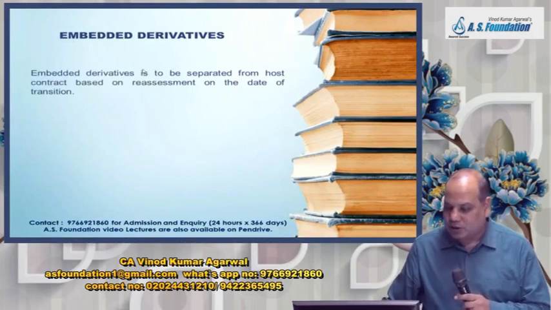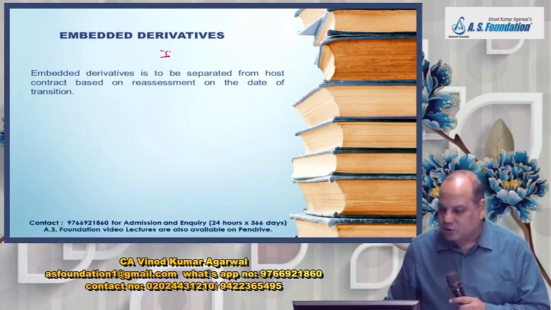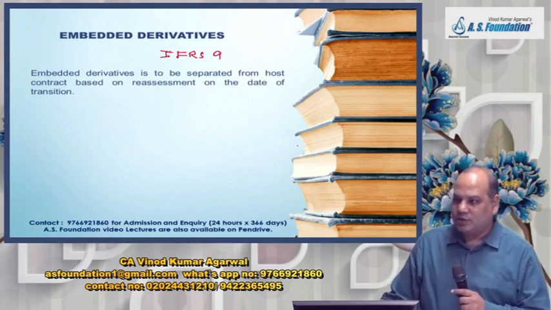What about embedded derivatives? Now again remember IFRS 9. Most of these adjustments are based on IFRS 9, because that is the standard which is a game changer in the field of accountancy.